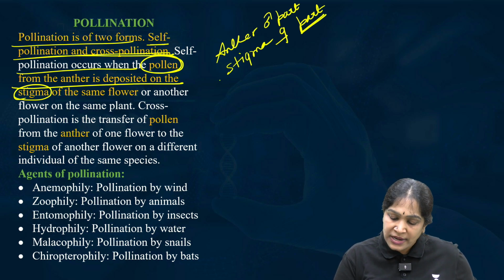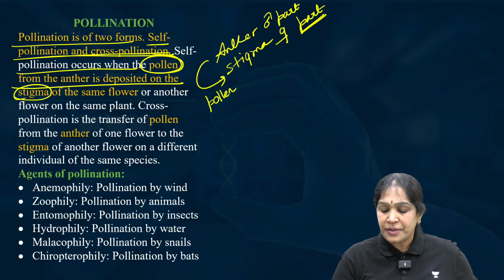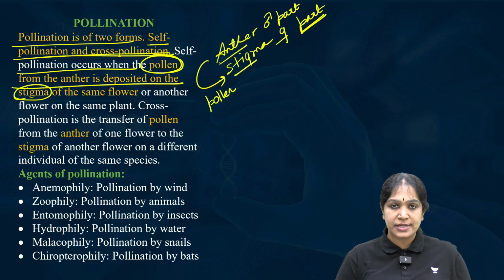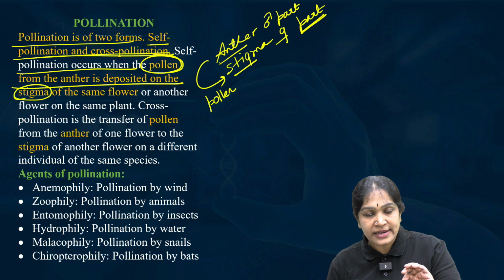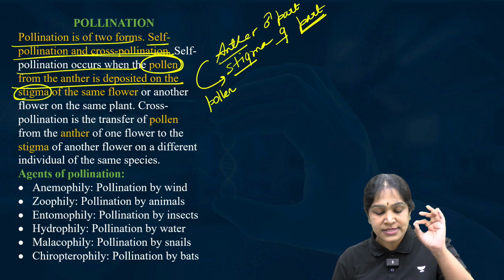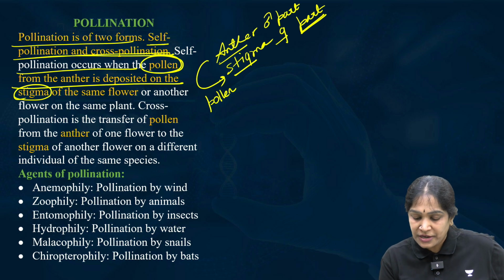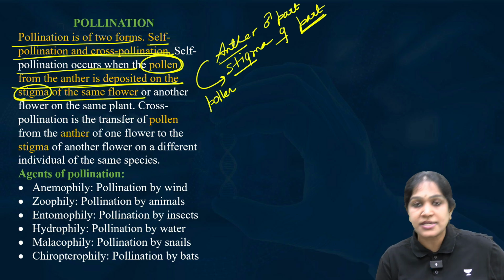Transfer of the pollen grain from the anther to the stigma is called pollination. Pollen from the anther is deposited on the stigma.